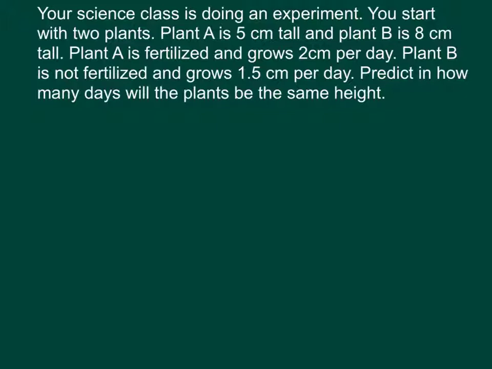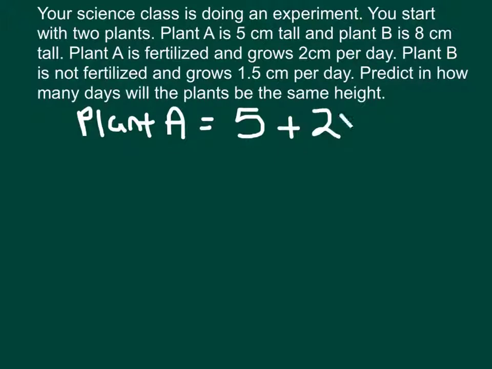So plant A is 5 centimeters tall and grows 2 centimeters per day. And we're going to let x equal a day.